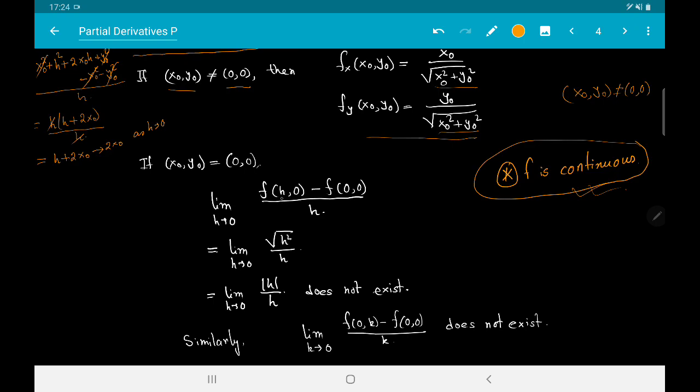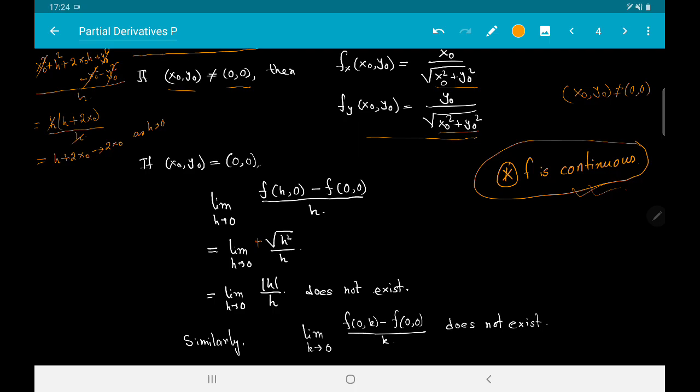So we are going to take f of h comma 0 minus f of 0 0 divided by h. Since h comma 0 is not equal to 0 0, we are considering limits. So this is going to be the positive square root of h square divided by h.